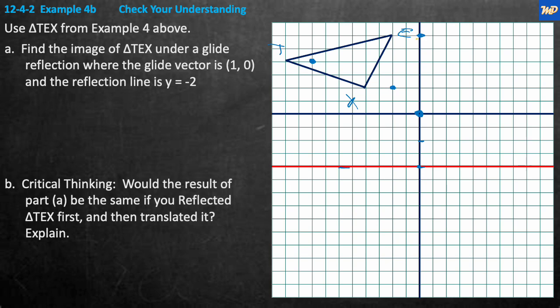Try to draw it in so we can see it. It's hard to draw these. As good as it's going to get from me. Okay. So there's the translated TEX, 1 in X, 0 in Y.